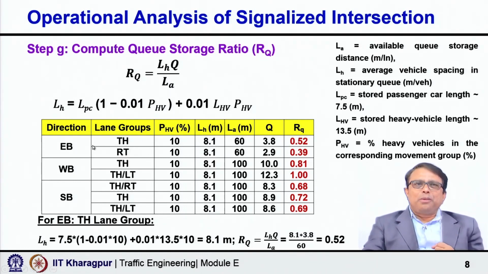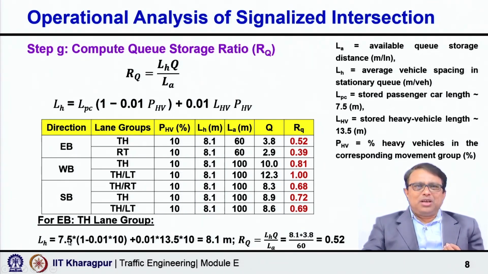So, here we have calculated, and now all the values are known. I have shown you here how for the eastbound through lane group we can calculate this value. The average length is taken as 7.5 meter for the stored passenger car, the stored heavy vehicle length is 13.5 meter, and you have 10% heavy vehicle, so 90% will be the cars.